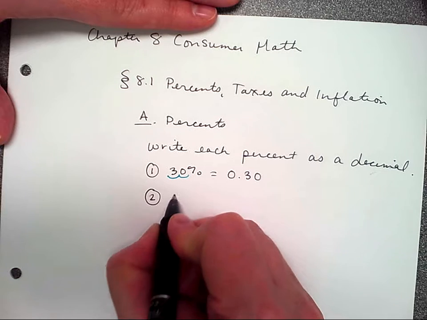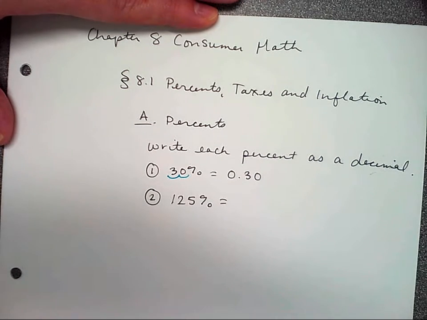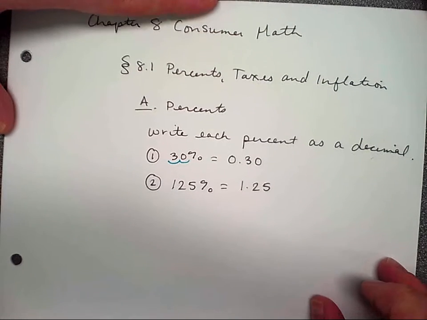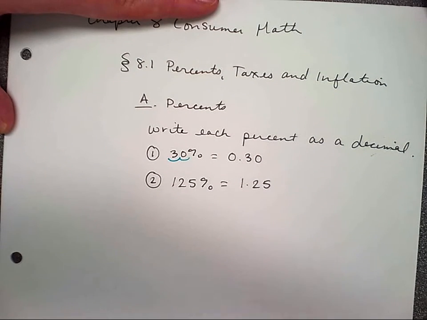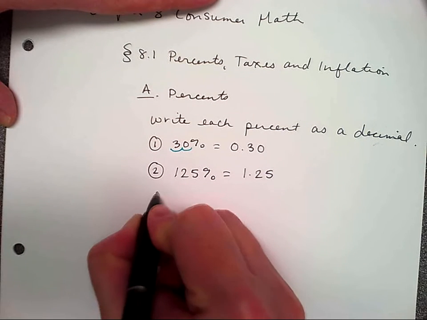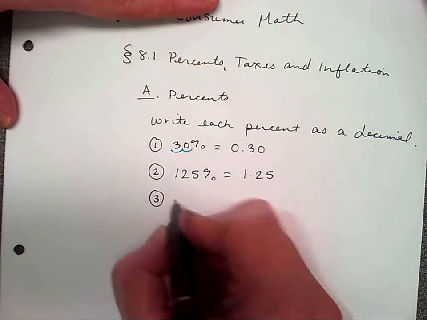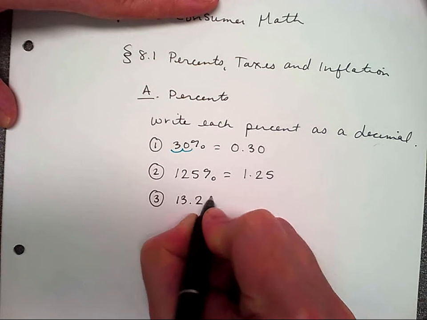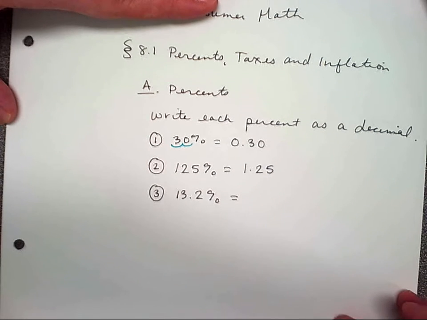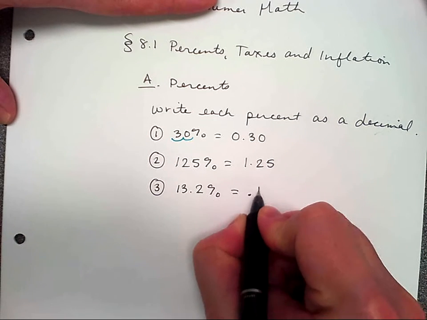So what if I have 125%? What is that as a decimal? 1.25. So if you ever want to type a percentage into your calculator, you have to write it as a decimal. What if I have 13.2%? .132.